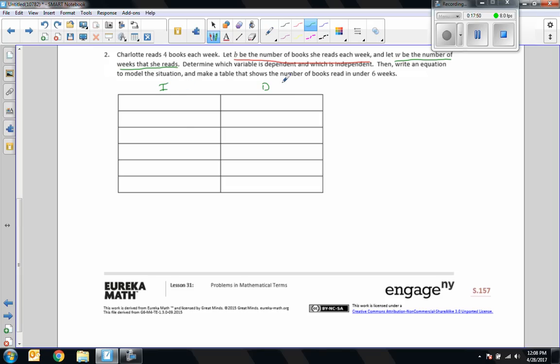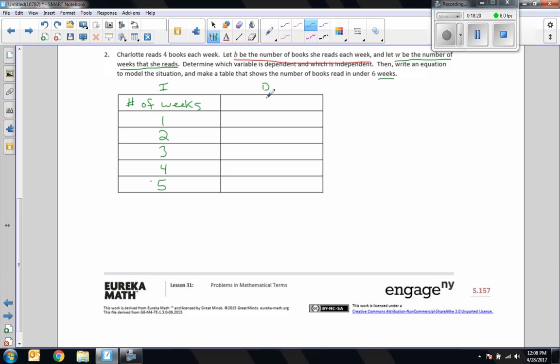Okay, and it says to write an equation to model the situation and make a table that shows the number of books read in under 6 weeks. Under 6 would be 5, 4, 3, 2, and 1 week. So there's our variables, and there's our key right there, 6 weeks. So that is our independent variable, number of weeks.